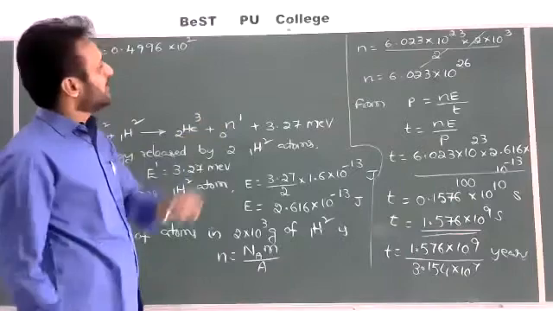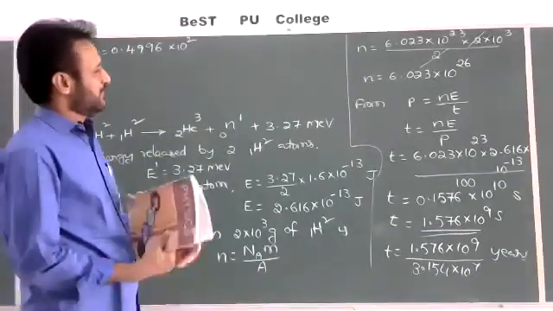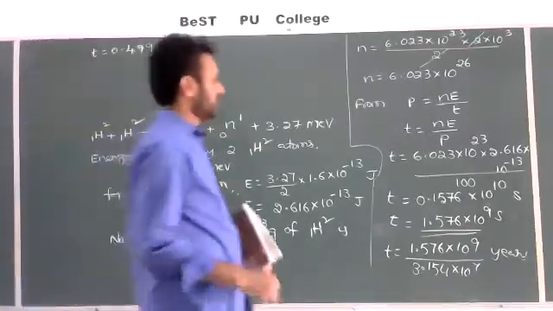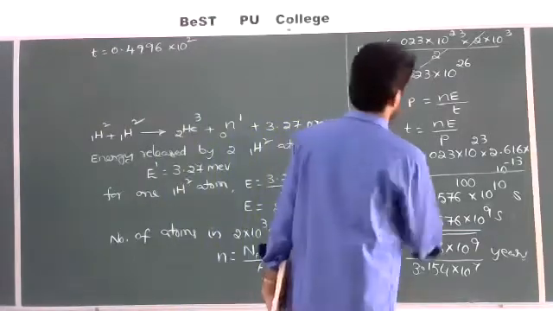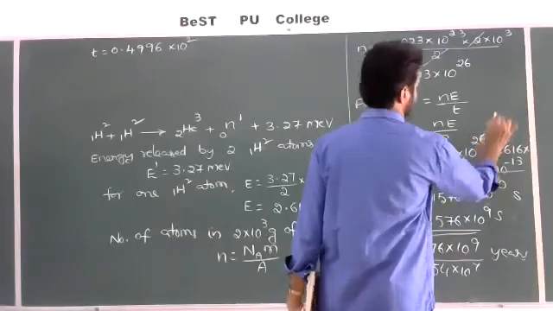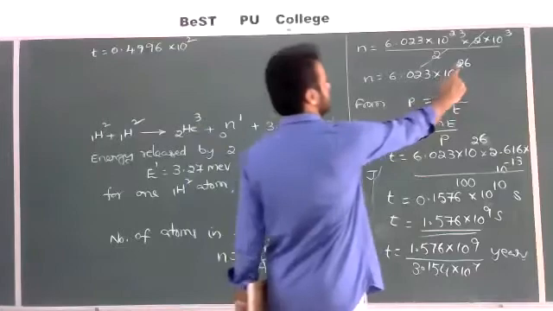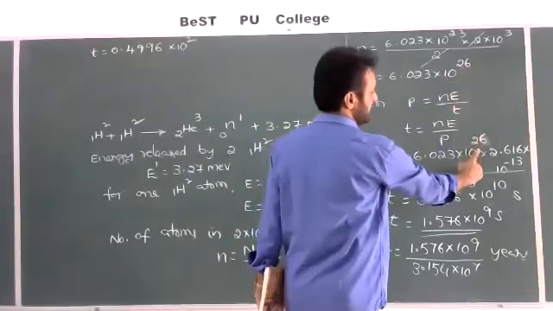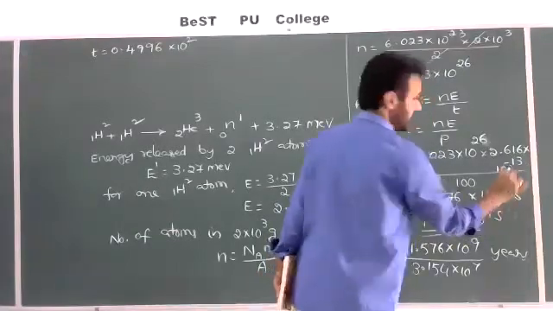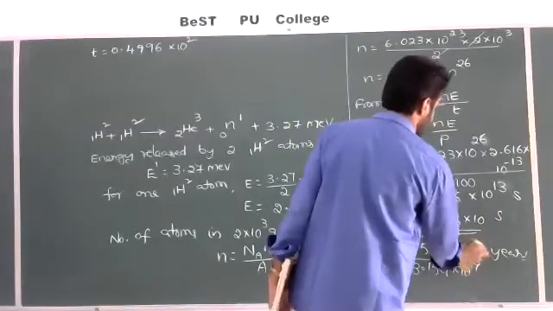Now the number of atoms is 6.023 into 10 power, where is this value? I think I have written the Avogadro number, but that is not the Avogadro number. So the number of atoms we have already written here is 10 power 26. So 26 minus 13 means 13 you should write, correct?